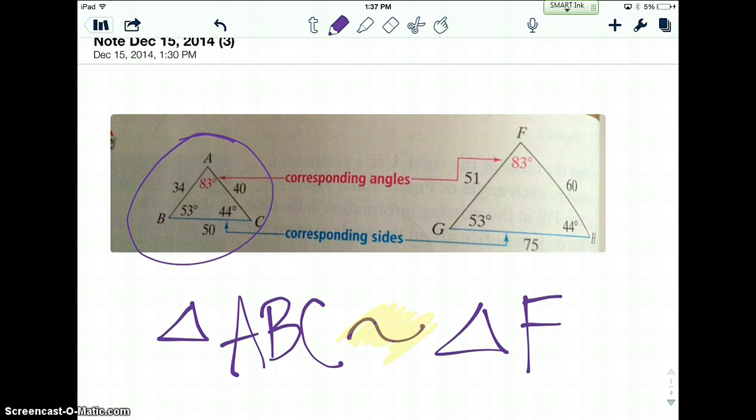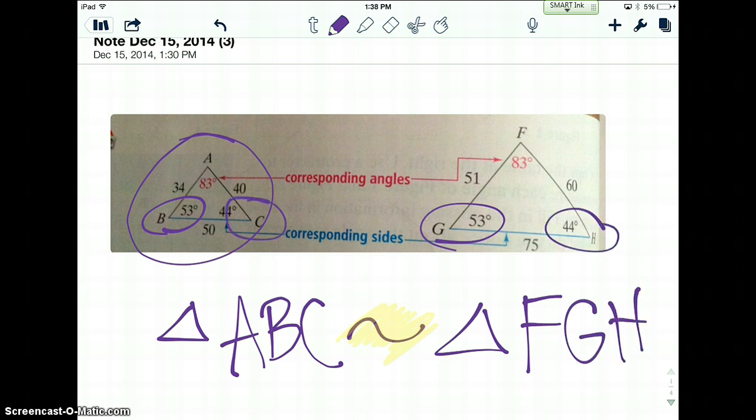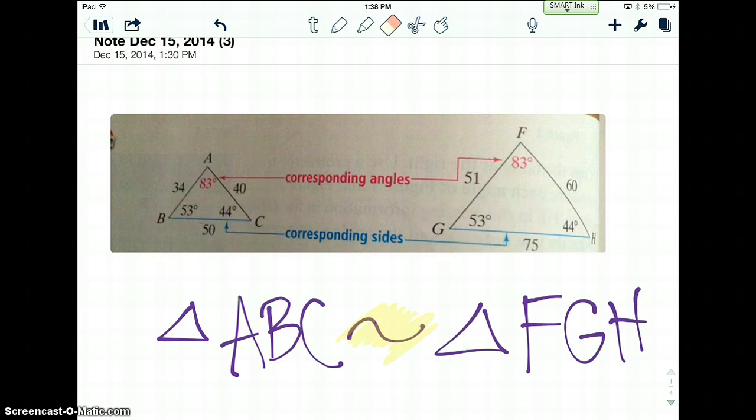I'm putting this in order: A is equivalent to F, B is equivalent to G, and C is equivalent to H. So I can see that in both of these triangles, they are the same shape, but not necessarily the same size.